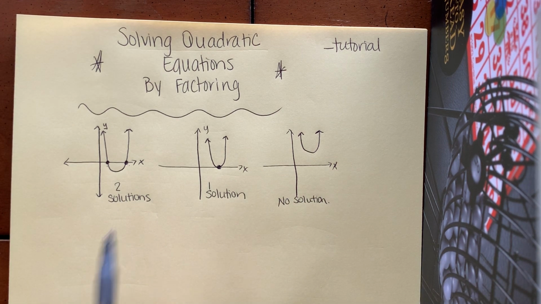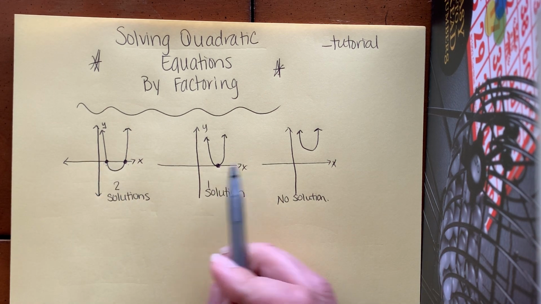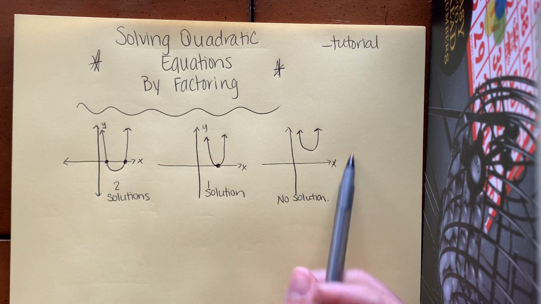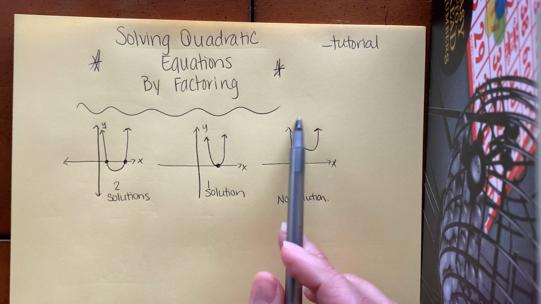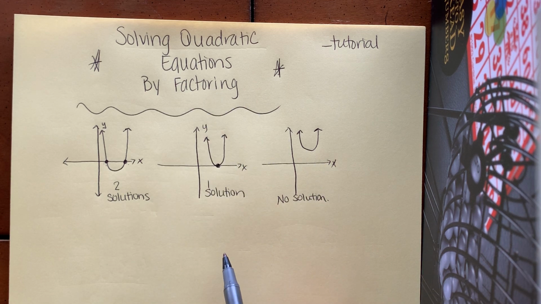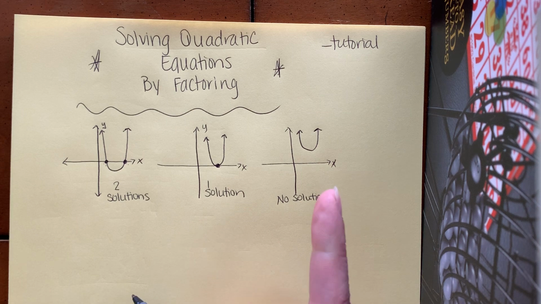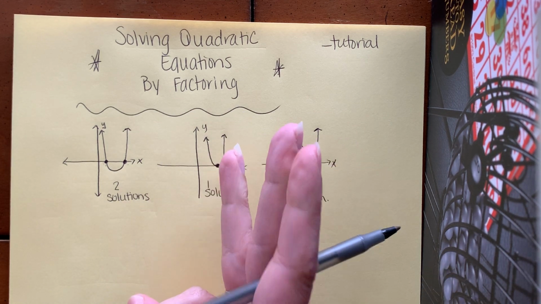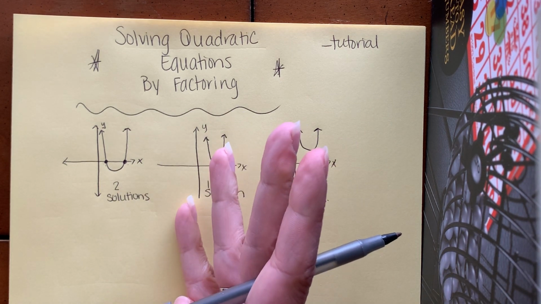So we can determine what these values are by factoring. If it's not factorable, then that means there's probably no solution, or that simply means that we need to find a different method to solving. And there are several other methods out there. You've got factoring, the quadratic formula, completing the square, and graphing.